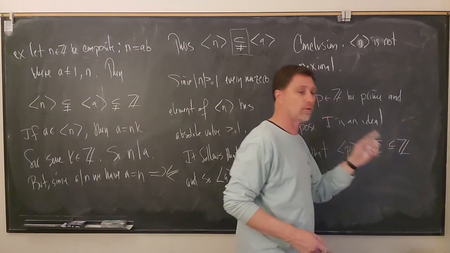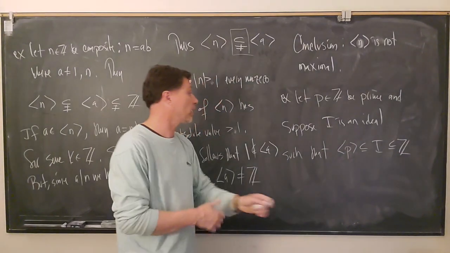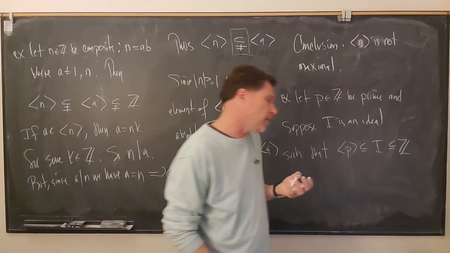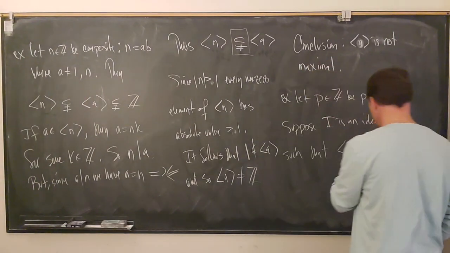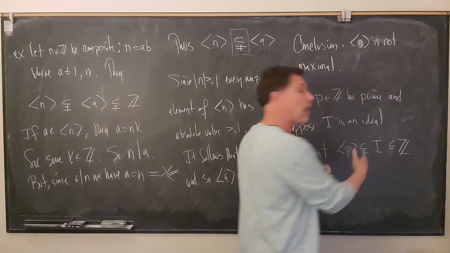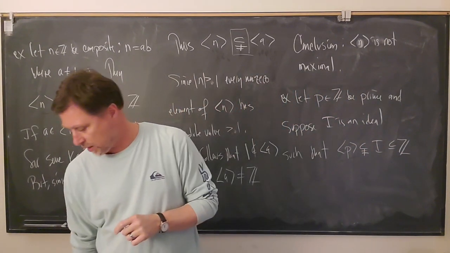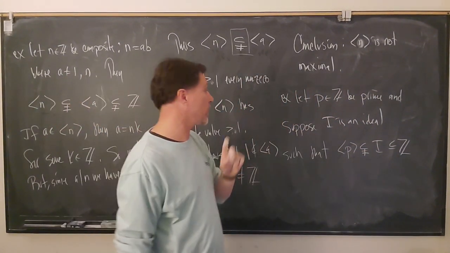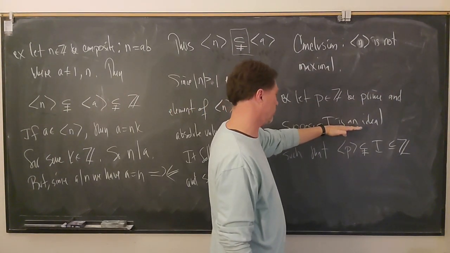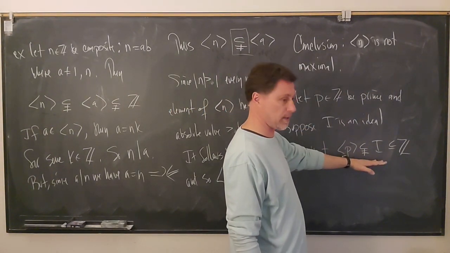It's got to go either left or right, either equal to the ideal generated by p or equal to all of Z. One way, it doesn't happen all the time, but typically what I like to do is suppose that it's proper in one direction and conclude that it's got to go in the other direction. So here's my setup then. Suppose I is an ideal that properly contains the ideal generated by p.